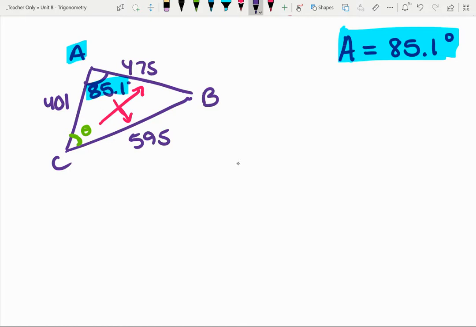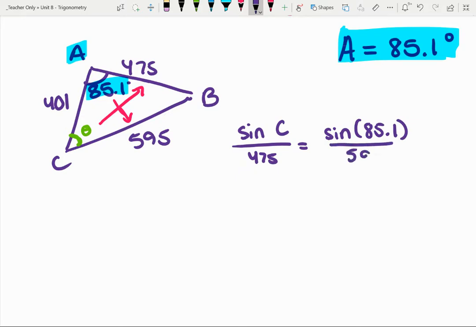And if that's something you're interested in checking out, I encourage you to do that. So I'm going to set this up as the sine of C divided by 475 is equal to the sine of 85.1 divided by 595.